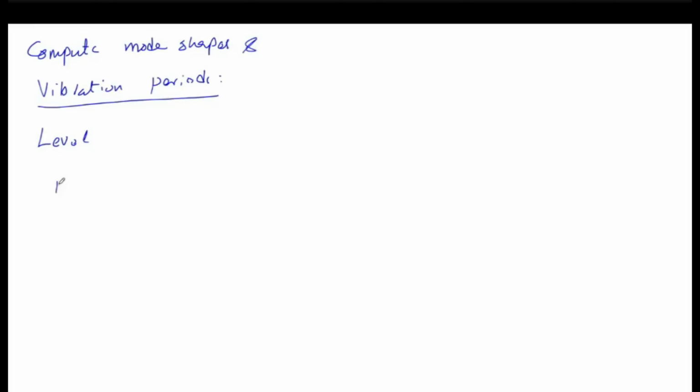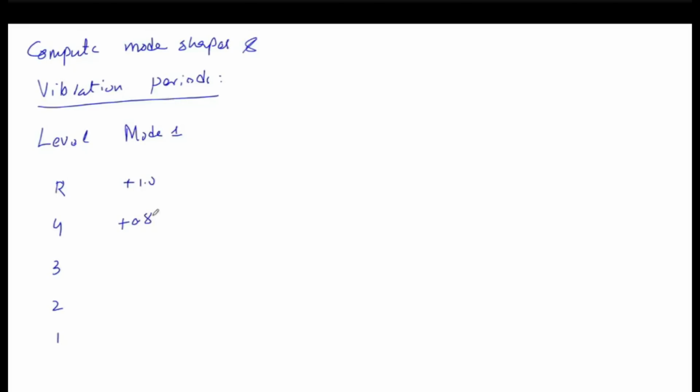So for the levels of the structure, we have the roof, or we can say the 5th floor, then the 4th floor, 3rd, the 2nd, and then the ground floor. So for mode 1, we have a value of +1, and we have to mention the sign because it's important for differentiating one mode from the other. So we have to mention if it is positive or negative.